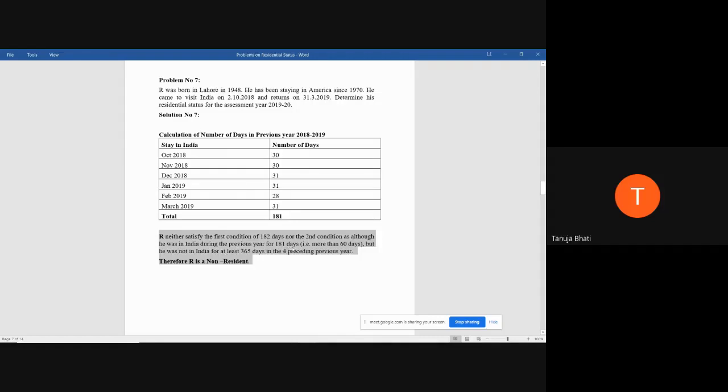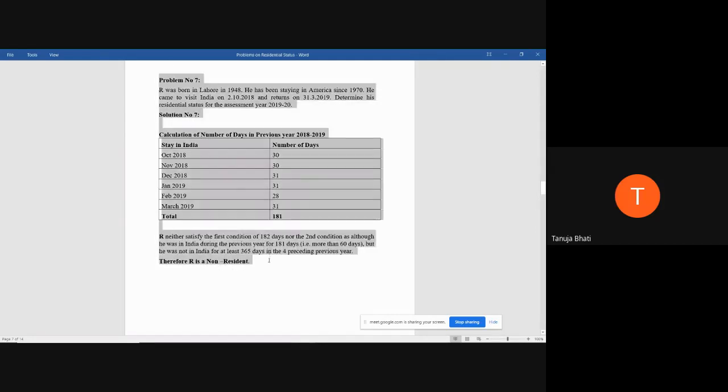Now the second condition has two sub conditions. One is 60 days and more in the previous year and 365 days or more in the 4 preceding previous years. One part of it is getting fulfilled, but the other part is not. Therefore, the entire condition is not fulfilled. Therefore, R is a non-resident.